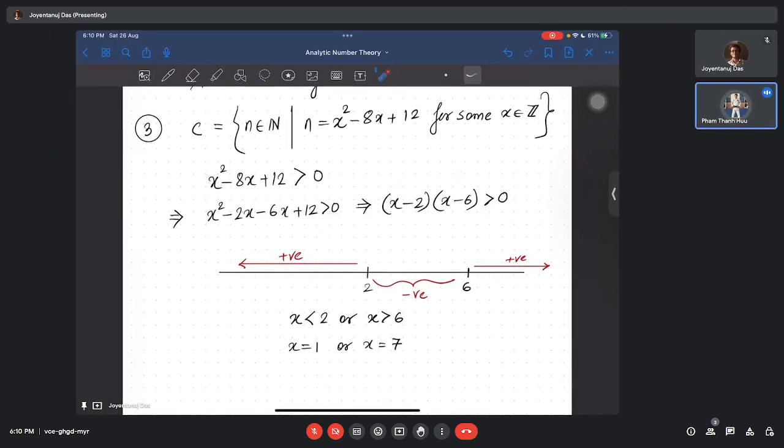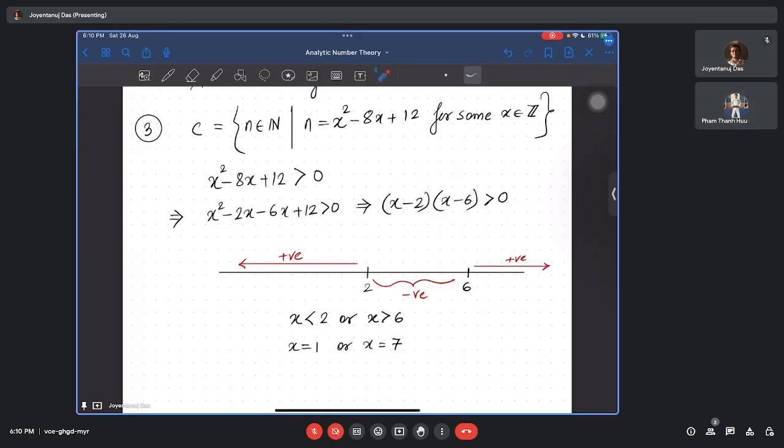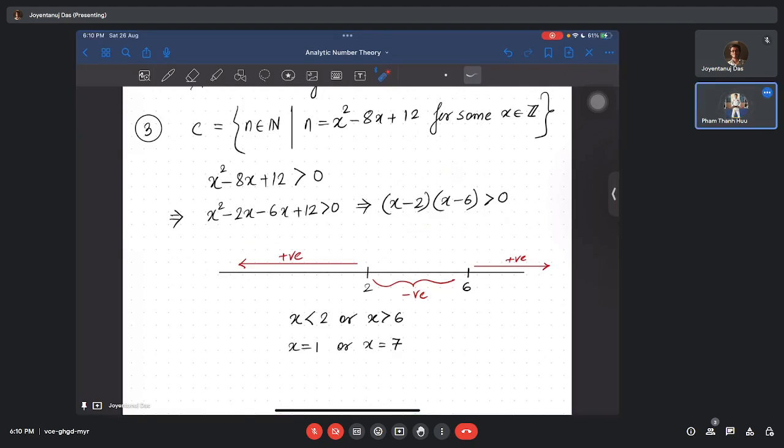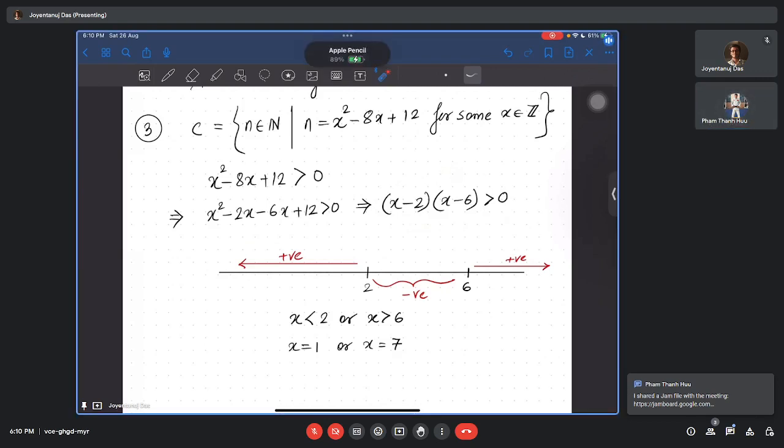That's a little bit confusing. Yeah, parabola, right? Actually, I cannot see your board because I think you have to give me access. I have opened the board, but you have to give access.